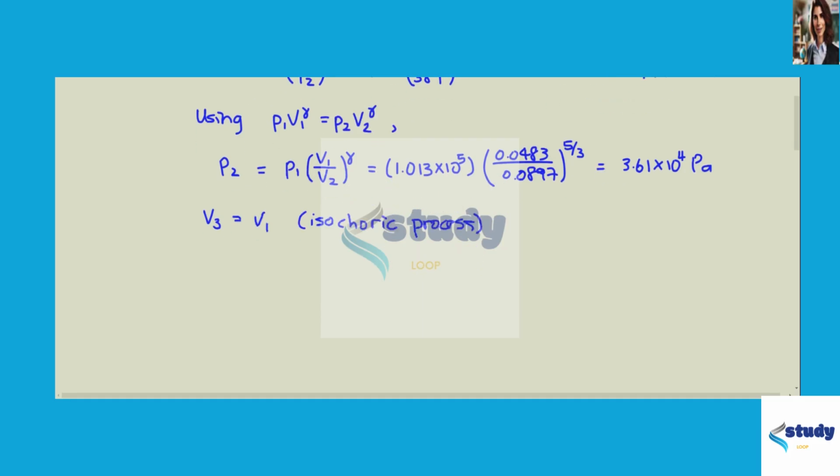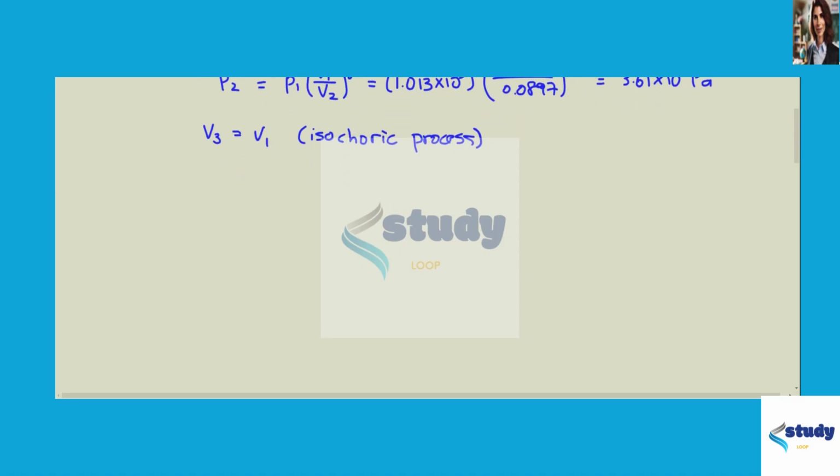Now we are ready to plot the PV diagram. So V1, V2: this is 0.0483, 0.0897. And then we also have our P1 and P2.